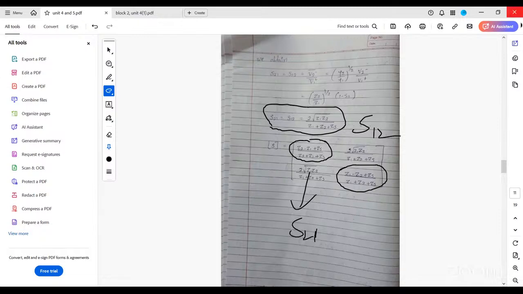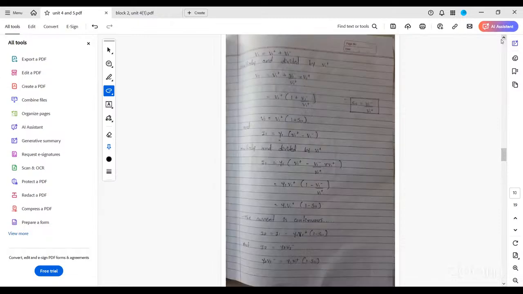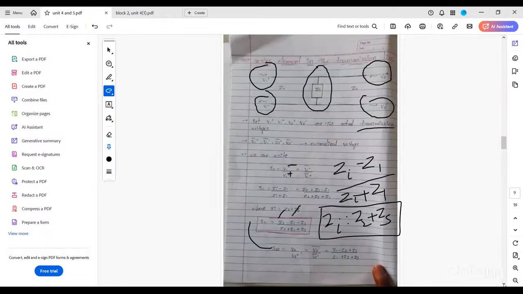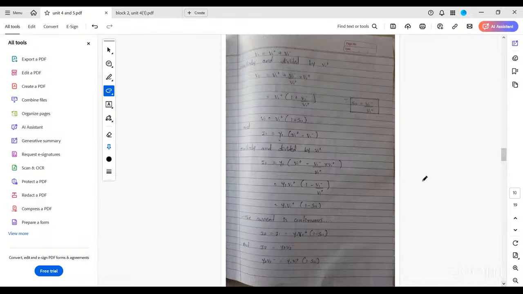Then how to calculate these two parameters? First we have to take the simple voltage. What is the simple voltage? Here I am choosing the simple voltage, writing it in terms of input and output. V1 equals V1 plus plus V1 minus. Divide both sides by V1 plus.